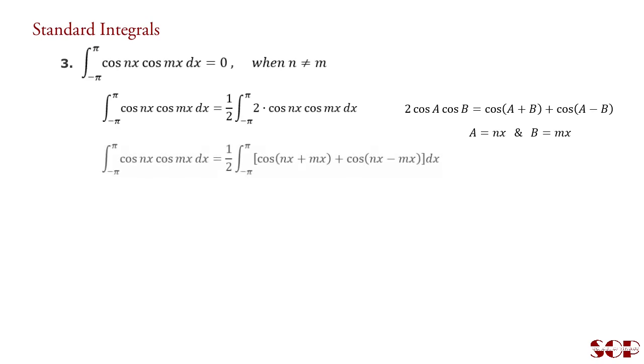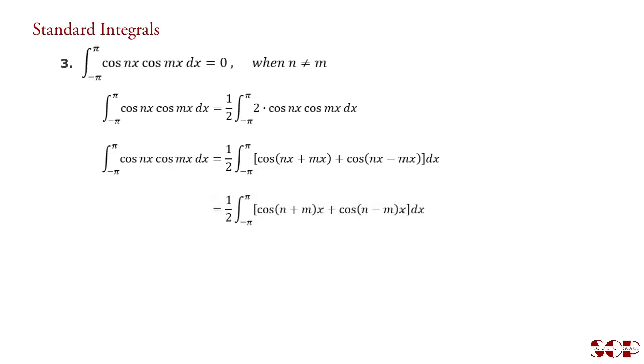Therefore, our integral is 1 half integral from minus pi to pi of the bracket cos of (nx plus mx) plus cos of (nx minus mx) dx, which is equal to 1 half integral from minus pi to pi of cos (n plus m) into x, here we take x outside, plus cos (n minus m) into x dx, which is equal to 1 half into the bracket.